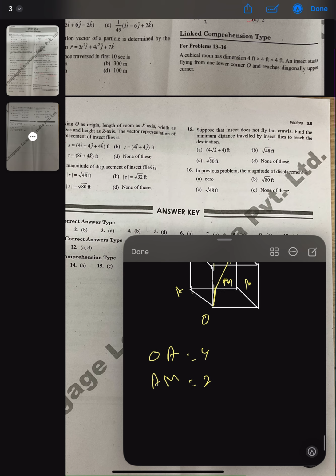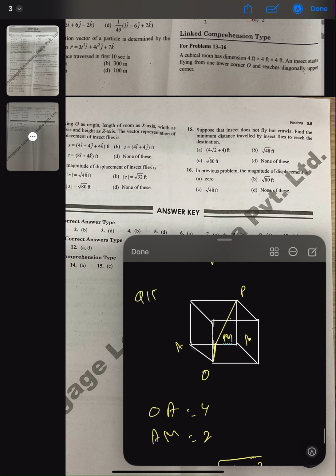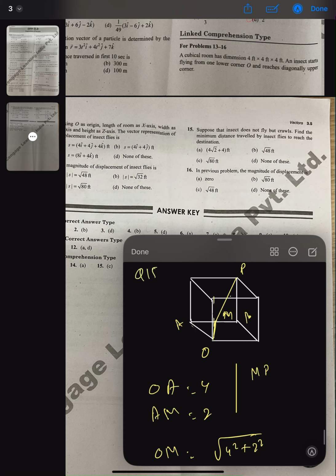So what is the distance traveled? OM will be under root 4 square plus 2 square, that is under root 20. And then from M to P, MB is equal to 2 and BP is equal to 4.